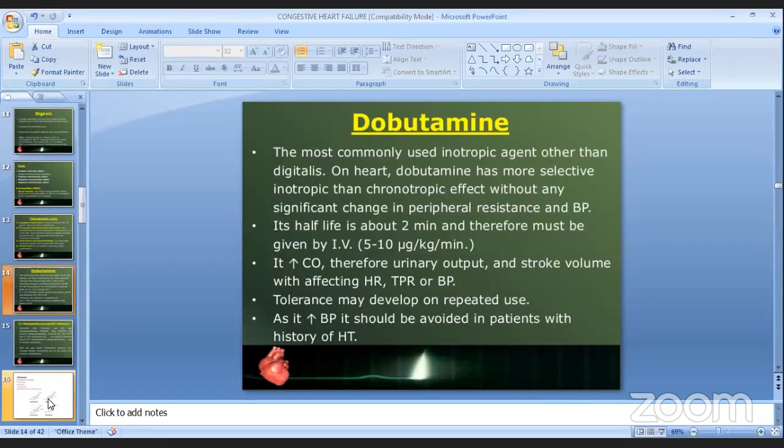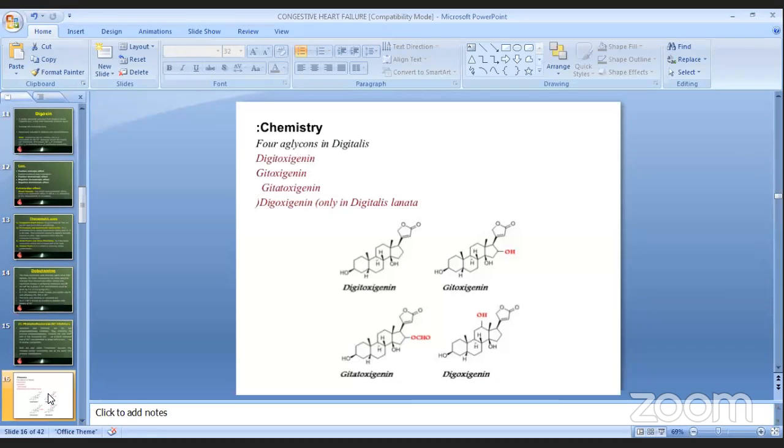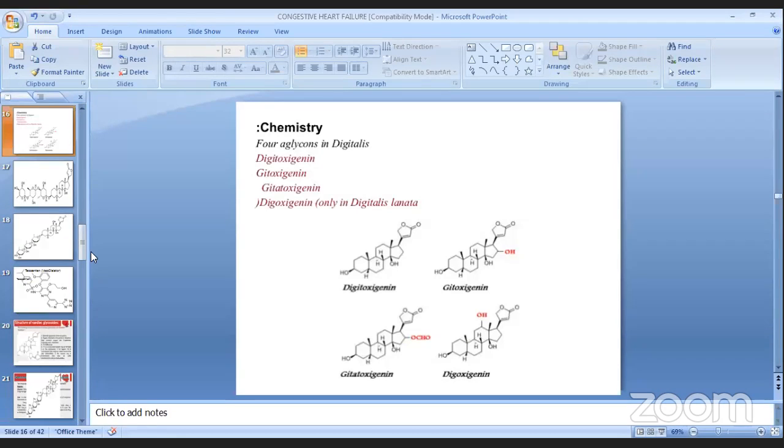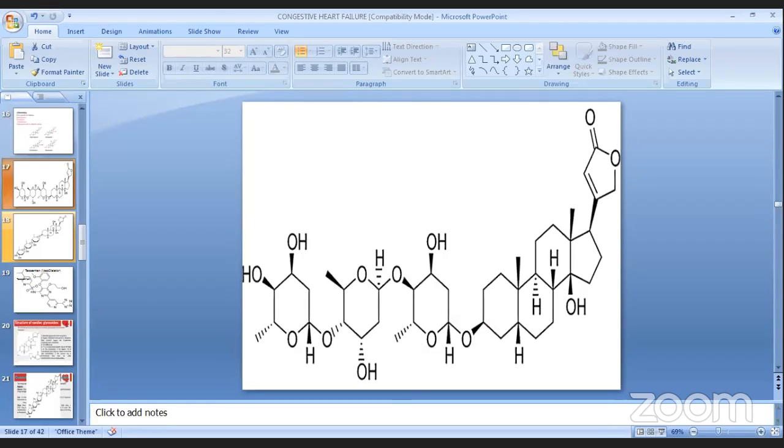Next, I am going to the chemistry of digitoxin or digitalis. You see one steroidal structure, and these are digitoxigenin, digitoxin, and gitoxin. These are the different categories of drugs. This is the structure of digoxin.